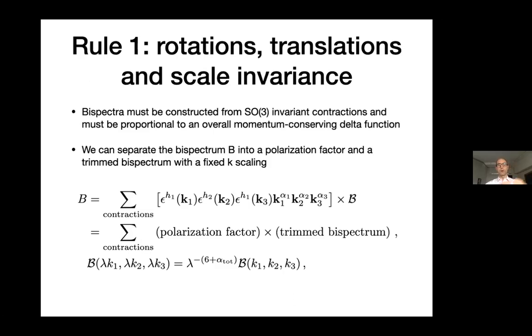So there's going to be a polarization factor, and whatever is left, I call the trimmed bispectrum. It's almost the bispectrum, but I take out all the polarization factors. For a scalar bispectrum, there is no polarization factor, and the trimmed bispectrum is the same as the bispectrum. Scale invariance tells me that the trimmed bispectrum has to scale with k in a specific way, which is -6 minus whatever powers of k appear in the polarization factor.